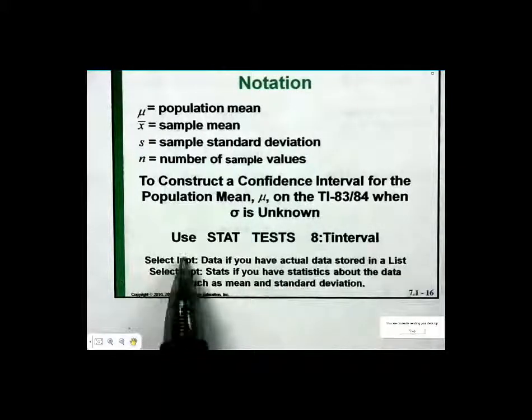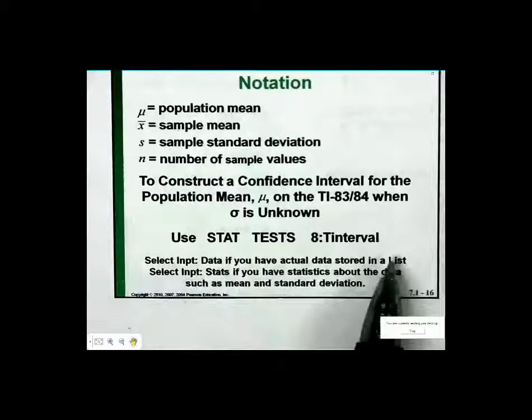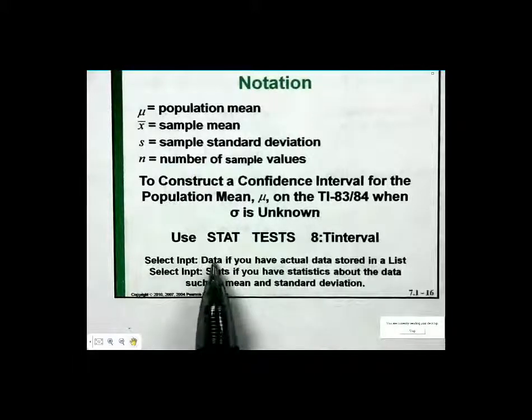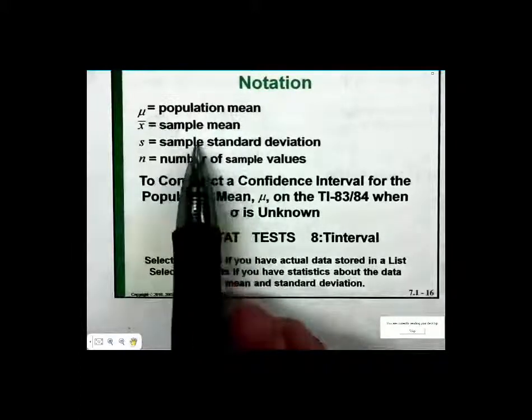If you have raw data stored in a list, you choose data. Make me a t interval based on this data that I have saved in list 1 or list 2. But if instead of raw data, I'm just given a sample mean and a sample standard deviation, make sure you have stats highlighted and just put in those statistics.